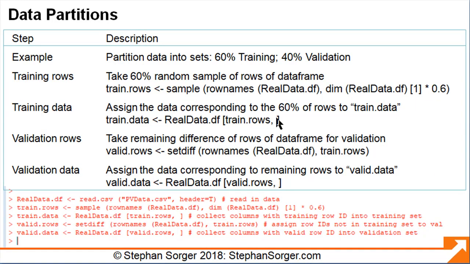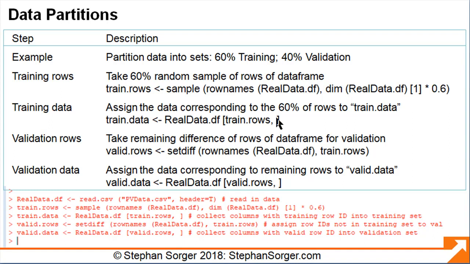To partition the data, we use the sampling techniques we just covered earlier. For example, say we want to partition the data into two sets. 60% of the data would go into a training data set, and 40% would go into a validation data set. In that case, we take a 60% random sample of the original data frame to get the training sample. Here we get the rows corresponding to the 60%, and then get the data corresponding to that set of the so-called training rows.